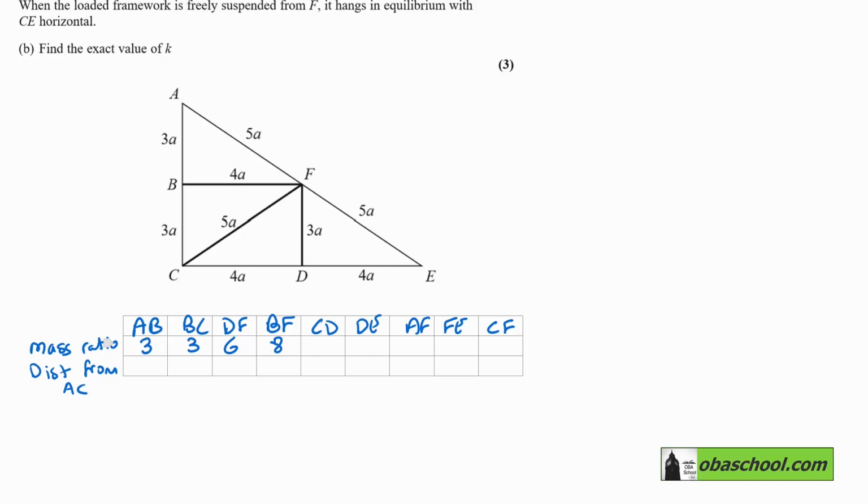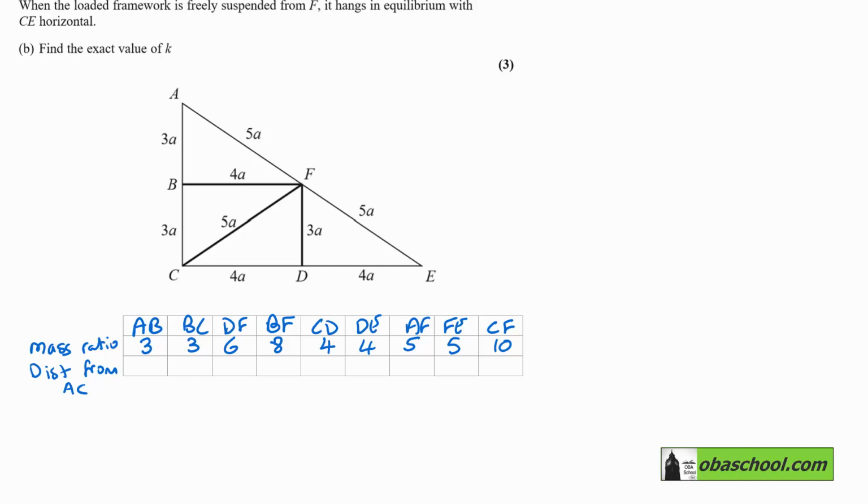Then we have CD, that's got a mass ratio of 4. DE is also 4. AF is 5. FE is 5, and CF is one of our double density ones. Its length is 5, so its mass ratio will be 10.